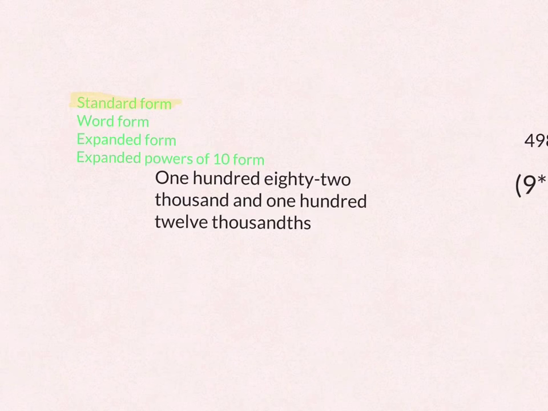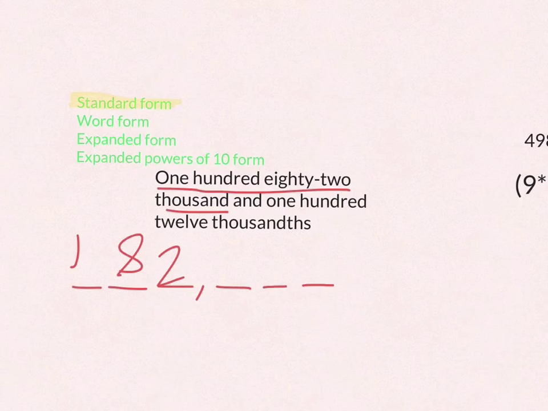All right, so you can see it says 182,000. So that means we're going to be in the hundred thousands. So you can go ahead and make blank spots. This is how I like to do them. So we're going to just fill in the 182,000. So there's nothing here.